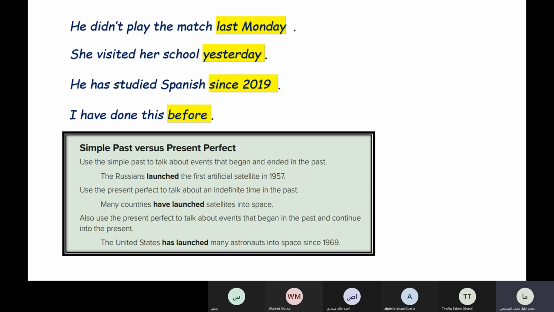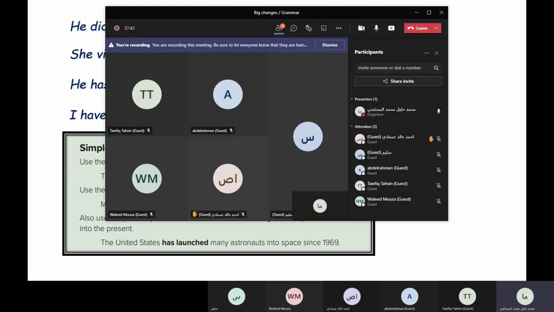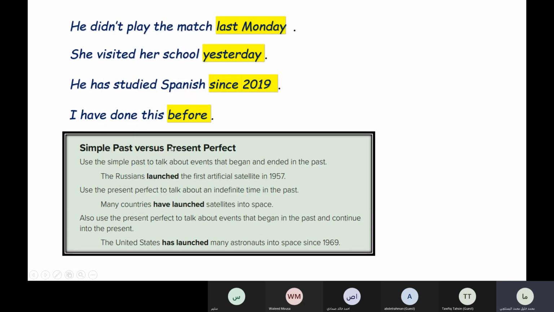We do not know when it happened, so we have to use the present perfect form. Who can read the example? Many countries have launched satellites into space. Good.